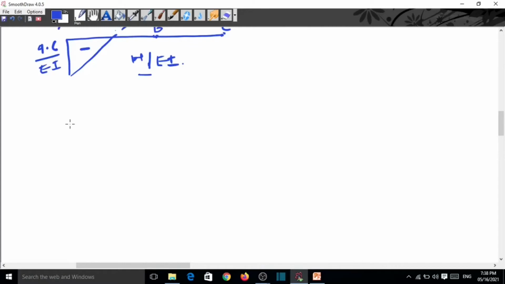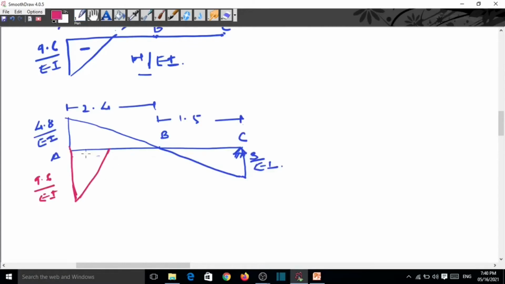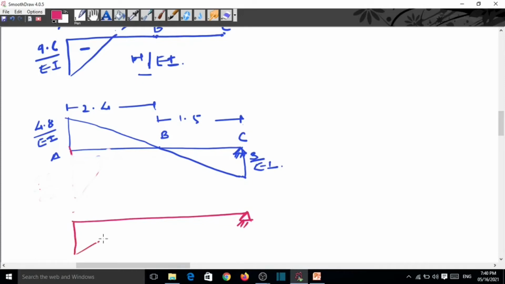Suppose we draw it separately, and this is 9.6 divided by EI.